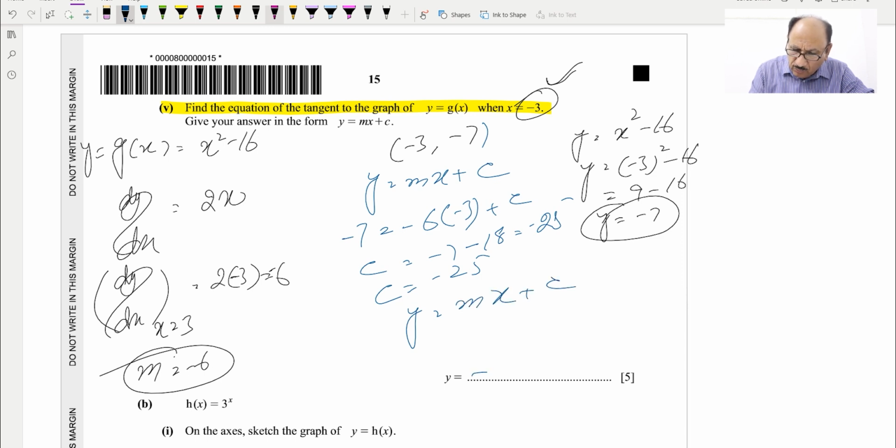So y will be equal to -6x - 25. This will be our final answer for 5 marks.